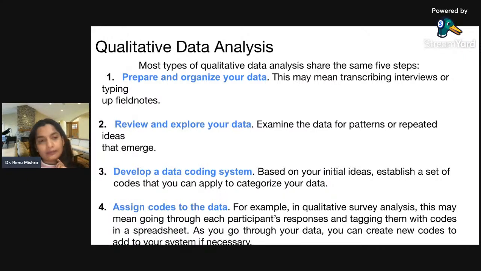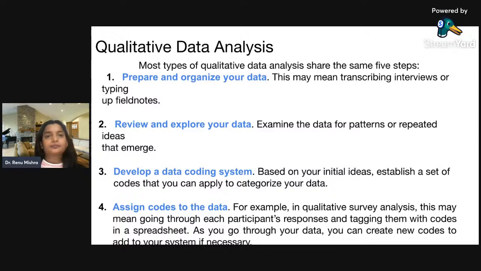For this qualitative data analysis, you have software like NVivo, which helps you with qualitative analysis and coding. And MAXQDA also is a very popular software which helps you with qualitative data analysis.